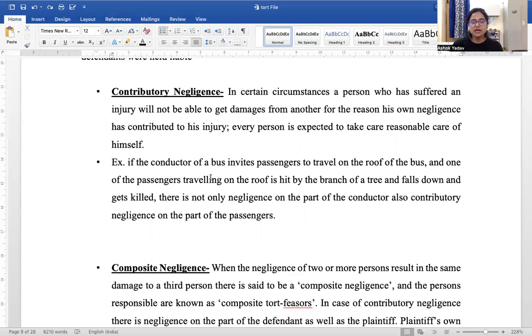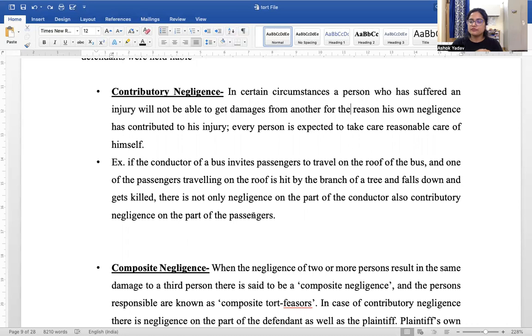For example, if the conductor of a bus invites a passenger to travel on the roof of the bus, and the passenger traveling on the roof is hit by the branch of a tree and falls down and gets killed, there is not only negligence on the part of the conductor, but also contributory negligence on the part of the passenger. Suppose there is a bus already filled with passengers, but you still stop that bus and ask the conductor or the driver to give you a lift on the roof of the bus.